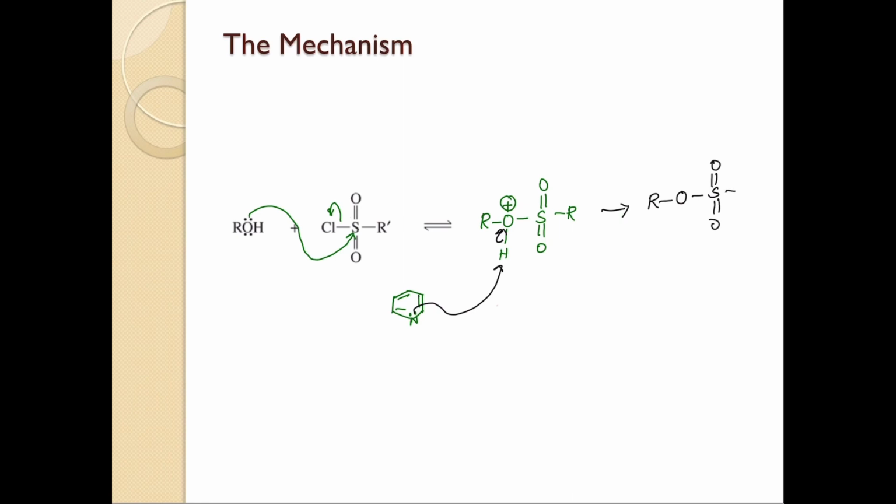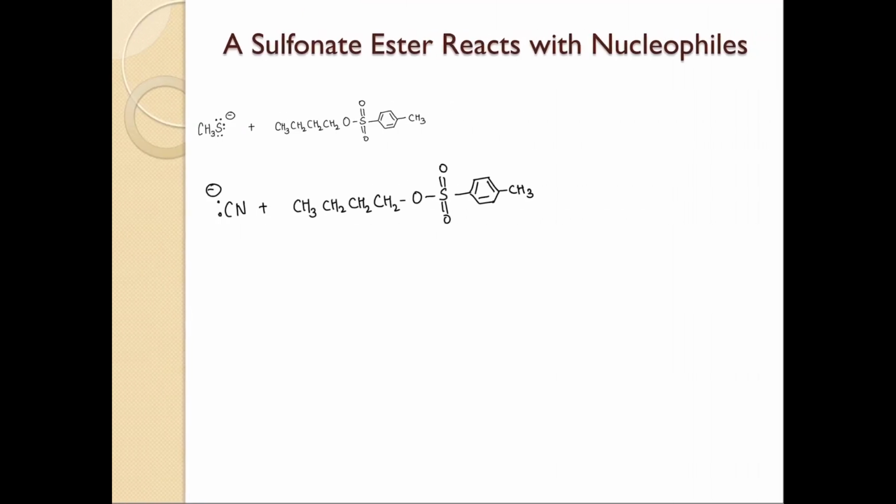This sulfonate ester is a good leaving group, and therefore you can react it with any nucleophile, such as CN- or CH3S-. All of these can react with the sulfonate esters and form the corresponding products. Let's write down the products for this reaction. Your S- is going to be a nucleophile.